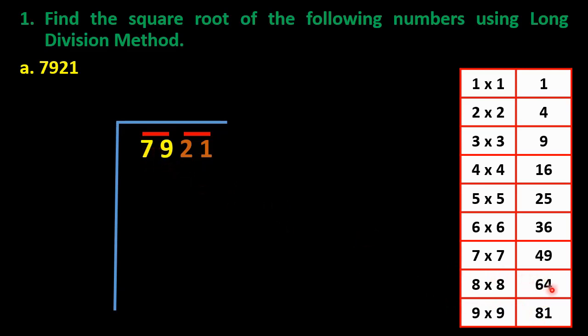So 64 is the number which is less than 79, and it is the greatest perfect square less than 79. This 64 we have got by multiplying 8 two times, that is 8 into 8. So this 8 we write here, and this another 8 we write on the top of the first period. Then 8 into 8 is 64, and we write it here.